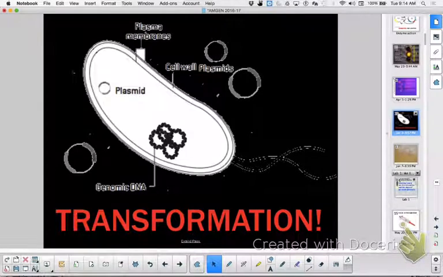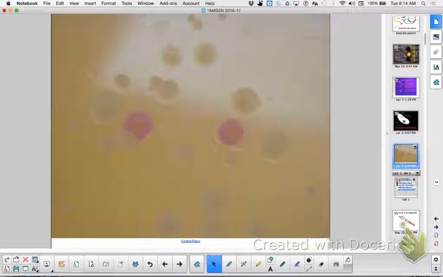What will it look like? Something like this. Okay, so some of the bacteria here are glowing reddish pink and some aren't. This happens to be a plate that has the antibiotic ampicillin on it. So the only bacteria that survive on here have been transformed at least with the ampicillin gene, because you would need that to even survive on that plate.